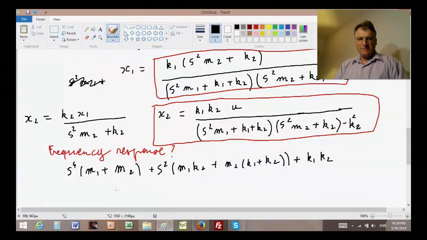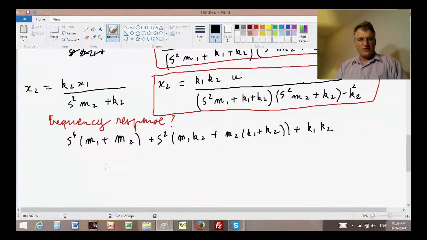What does this mean? Well, what we can do is compute the discriminant of this second order equation to understand the roots of this fourth order polynomial.